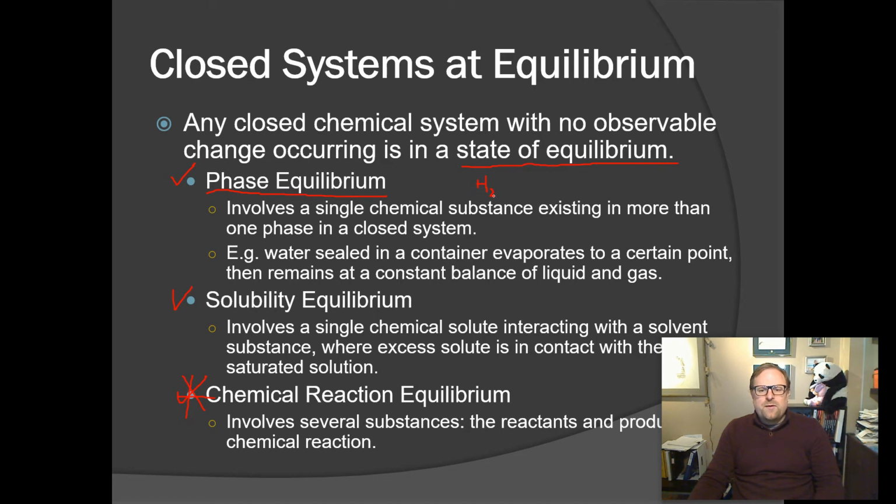We would have H2O, in my very poor writing, in a liquid state, at a phase equilibrium, so I'm going to write those double arrows with gaseous H2O here. Okay. So we're going to say then that in this state, we have a balance between the forward and the reverse reactions. Balance between water turning from liquid to gas and gas turning to liquid. Okay, that's what we're talking about with a phase equilibrium.